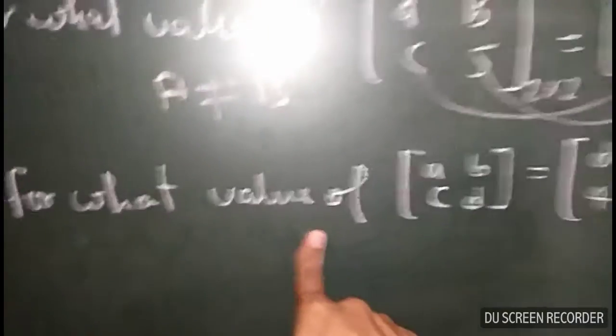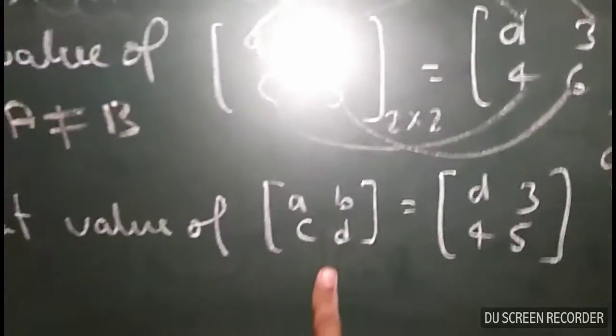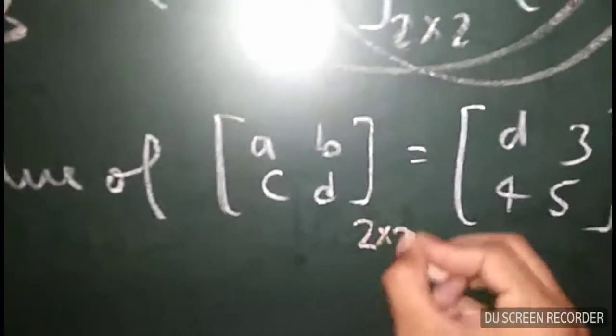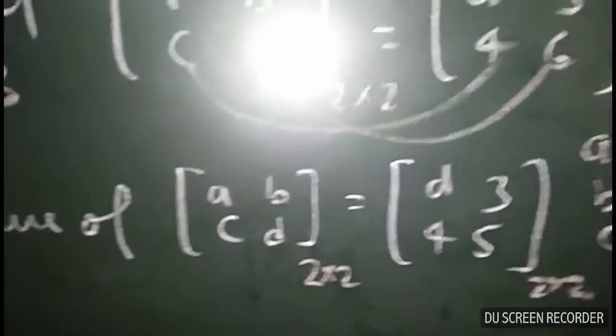Now let us take the second question. For what values is this matrix equal to this matrix? We first check the order: both are of the same order, that is 2 cross 2. Now we check the corresponding elements of both matrices.